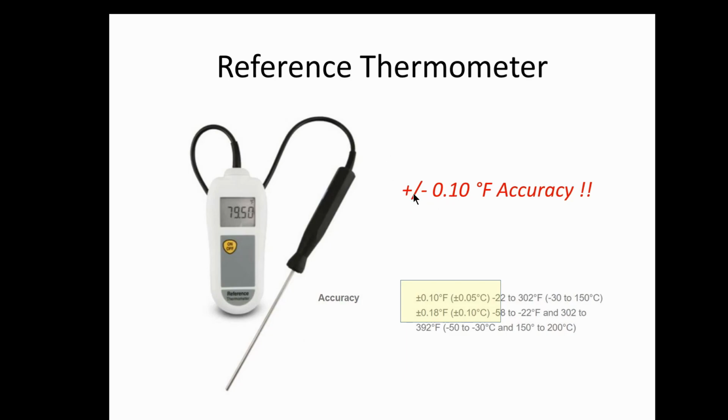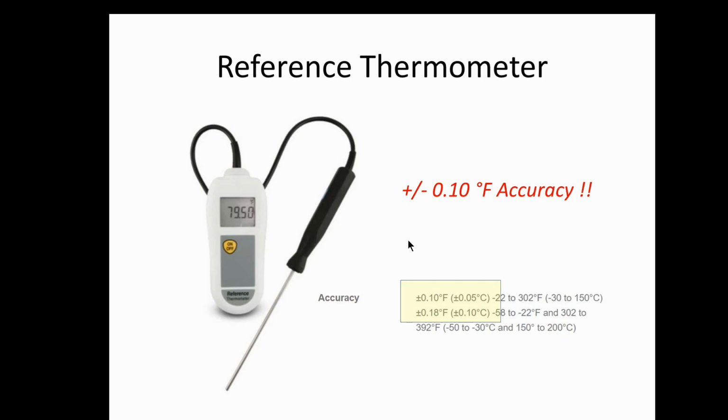This thing is accurate to plus or minus 0.1 degrees Fahrenheit, and that includes the probe and the internal device. Their accuracy claim is plus or minus 0.1 degree Fahrenheit, which is 0.05 degrees centigrade, from minus 22 to plus 302 degrees Fahrenheit. That was really surprising to me.